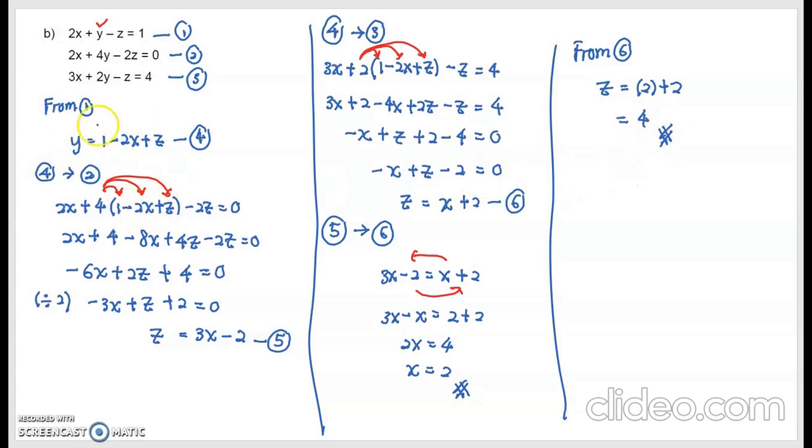Let's say from equation 4, y is equal to 1 minus 2, the value of x is 2, plus z. z is 4. So here, 1 minus 4 plus 4, which is equal to 1. So here we have the value of x, the value of y, and the value of z. So this is the answer for question number 5b.